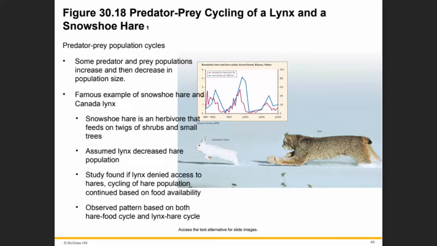The graph plots snowshoe hares per hectare on the left vertical axis from 0 to 5 with an increment of 1. The lynx tracked per 100 kilometers is on the right vertical axis from 0 to 100 in increments of 20, so 20, 40, 60, 80, 100.